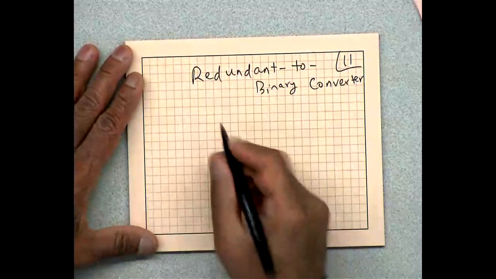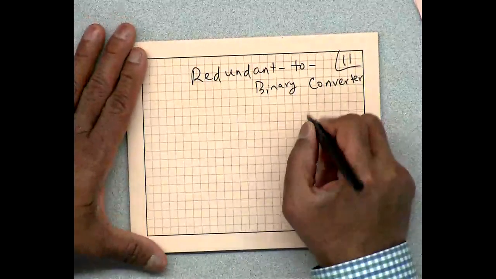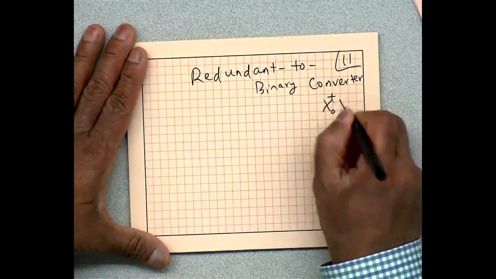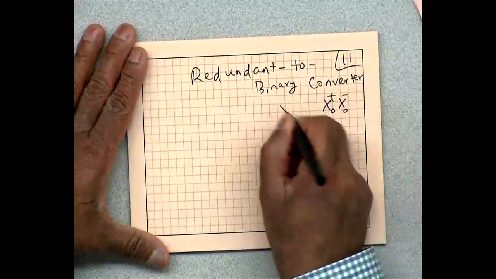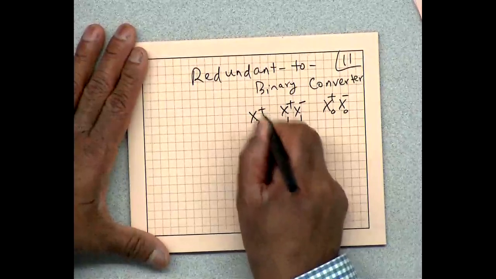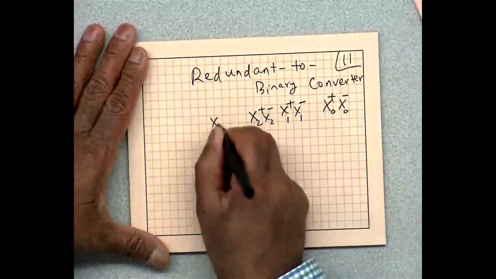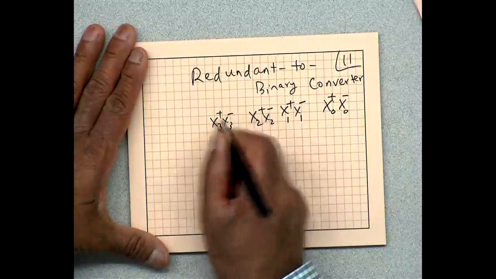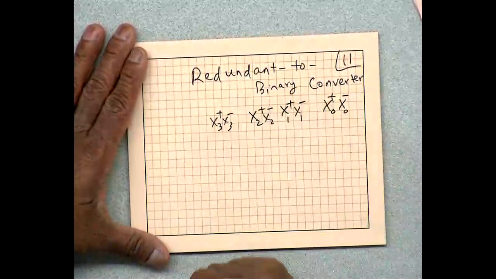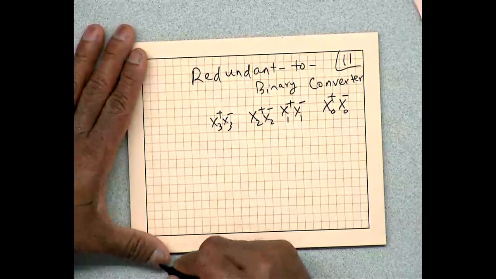Okay, so let's say that I have x0 plus, x0 minus, x1 plus, x1 minus, x2 plus, x2 minus, x3 plus, x3 minus. Let's just say the word length is 4 bits. No need to worry about more.